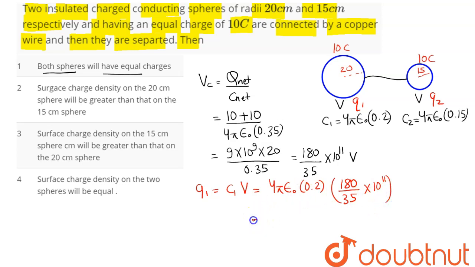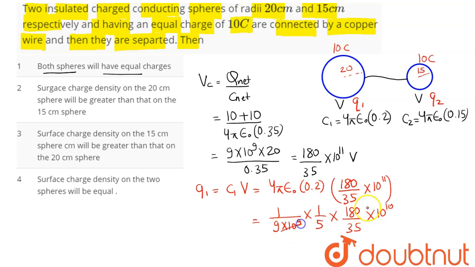The value of 4 pi epsilon naught is 1 upon 9 into 10 power 9, into 1 by 5 into 180 divided by 35 into 10 power 10.